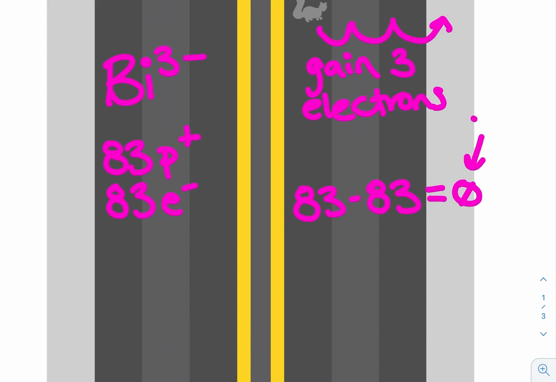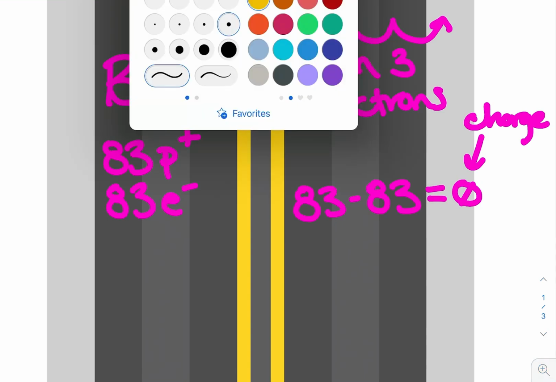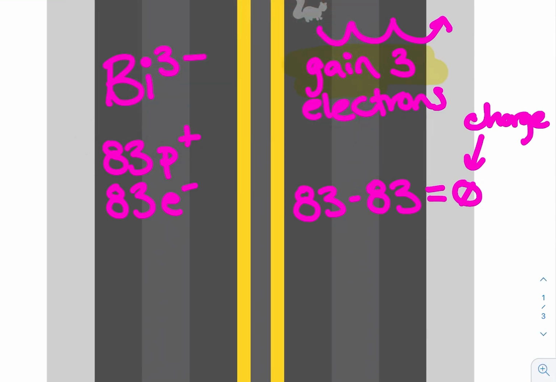And that is our charge. And we all know that 0 charge is neutral, okay? Now, when we gain electrons, like we did up here, we're making that unbalanced.